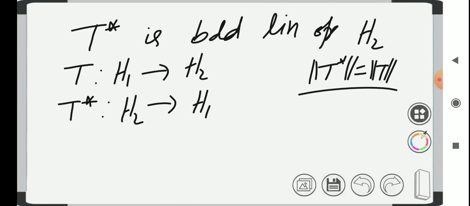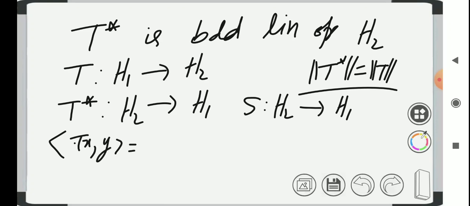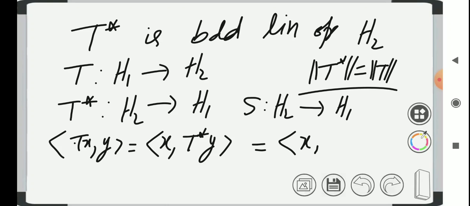Suppose there is some other operator S from H2 into H1 with the same required property, which was inner product of Tx with y is the same as inner product of x with T star y, which should also hold for S as well, that is, x with Sy. Inner product of x with T star y should be the same as inner product of x with Sy.